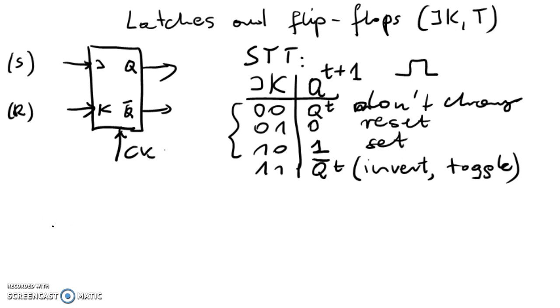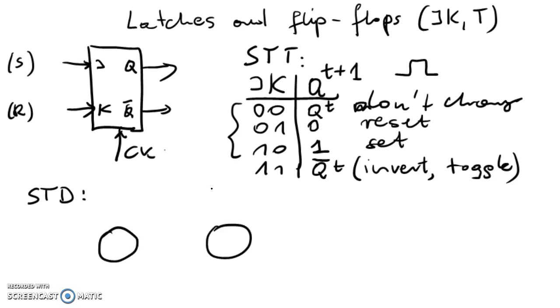Okay, and in a graphical form, it is a state transition diagram. It is also similar to SR, having the additional case 1 1 on JK. So 0 and 1 are the two possible states of the memory content.